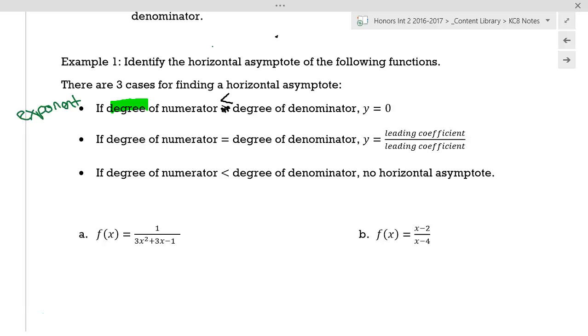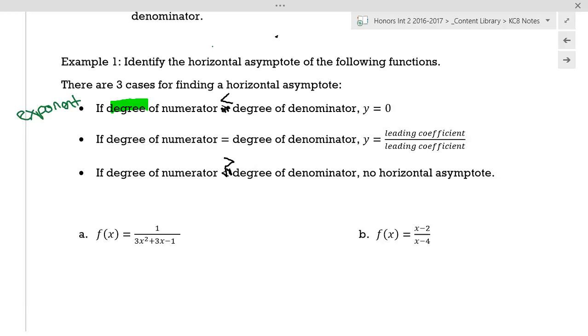Case 2: if the degree of my numerator equals the degree of my denominator, then y equals the leading coefficient of the numerator divided by the leading coefficient of the denominator. We'll go into what that means. And then this one's also backwards: this should be greater than. If the degree of the numerator is greater than the degree of the denominator, there is no horizontal asymptote. Those are our three cases. Yes, you will have to memorize those three cases.